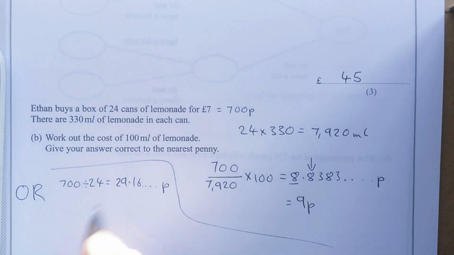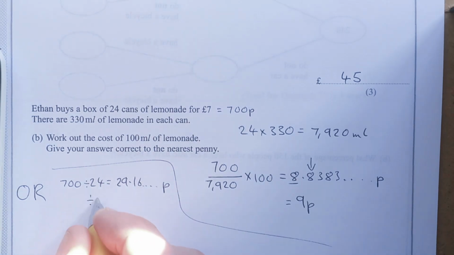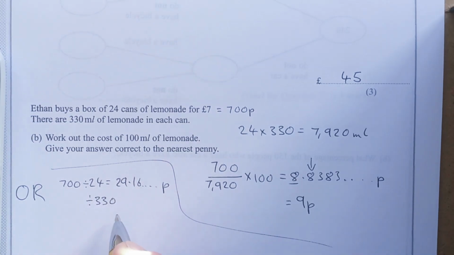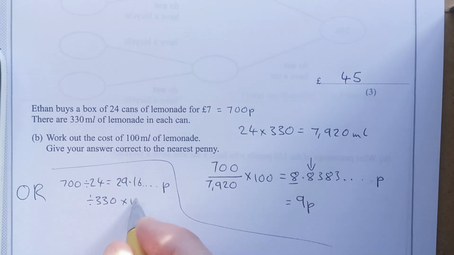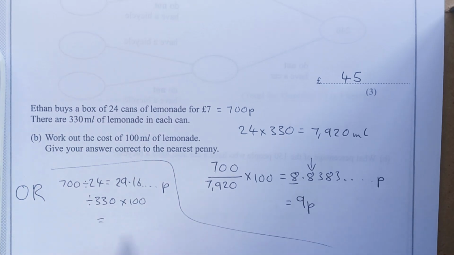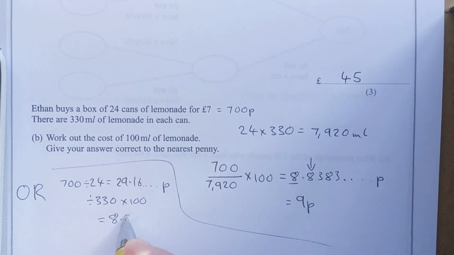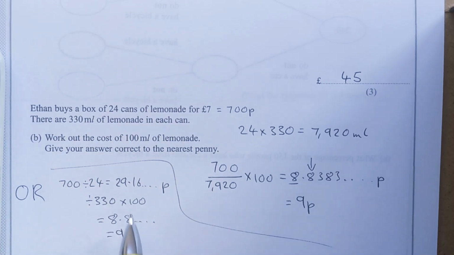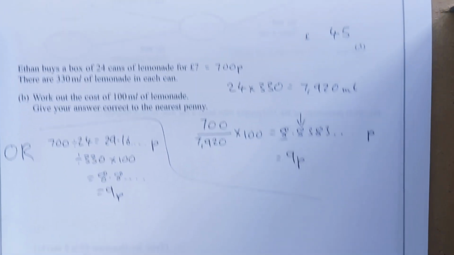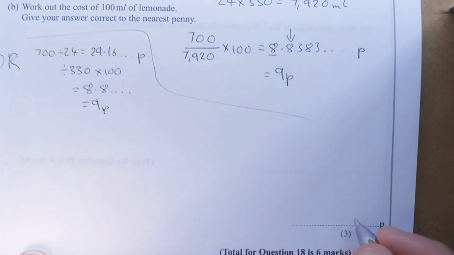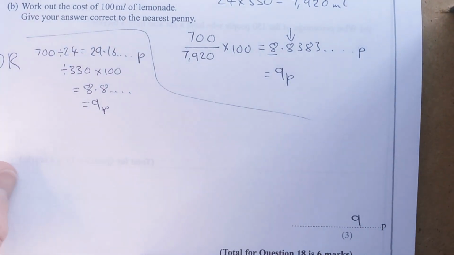And then we can do something similar. We can divide that by 330 and then multiply it by 100. We still get the same answer, 8.8 something to 9p, but you might find it easier because you've just got slightly smaller numbers. Either way, we get our answer of 9p.